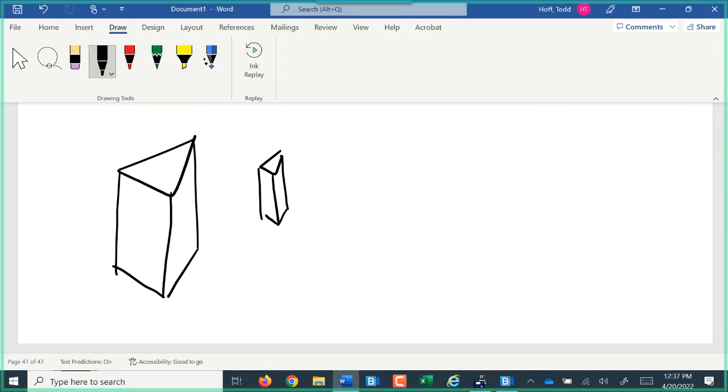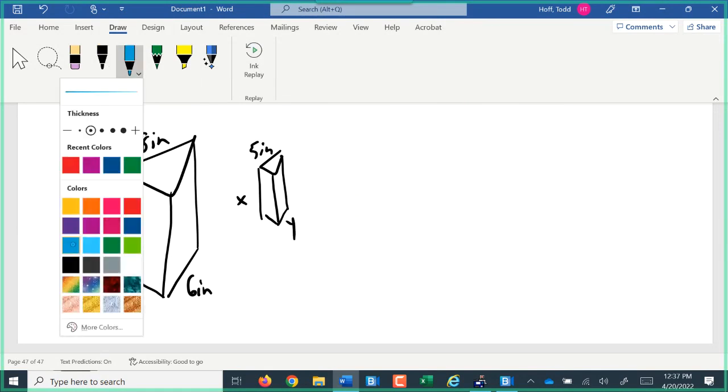So this is just a block that has been shrunk. This distance here is 8 inches, 6 inches, and this is 8 inches. If this dimension here is shrunk to, well, let's call it 5 inches, let's find X and Y. Again, we'll match up corresponding sides.